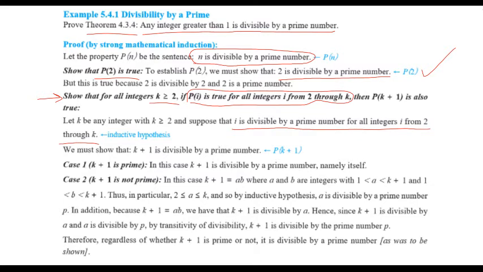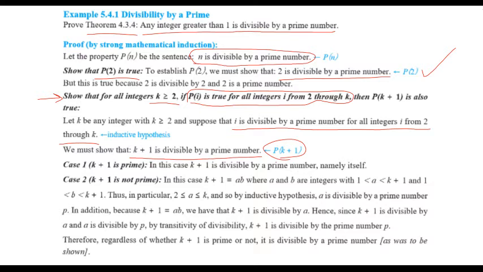That's called the inductive hypothesis. And given the inductive hypothesis, we are going to prove P of k plus 1, which basically means k plus 1 is divisible by a prime number.